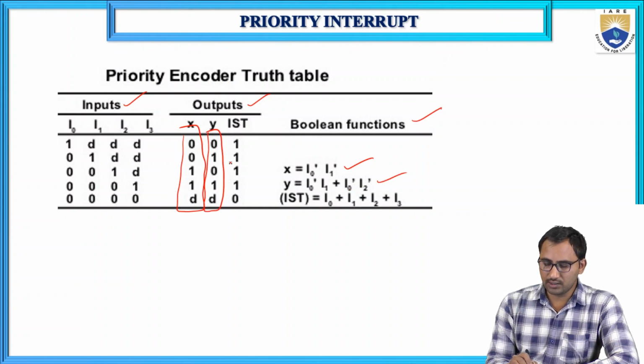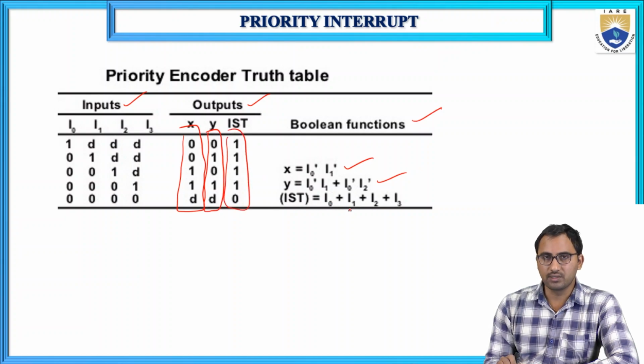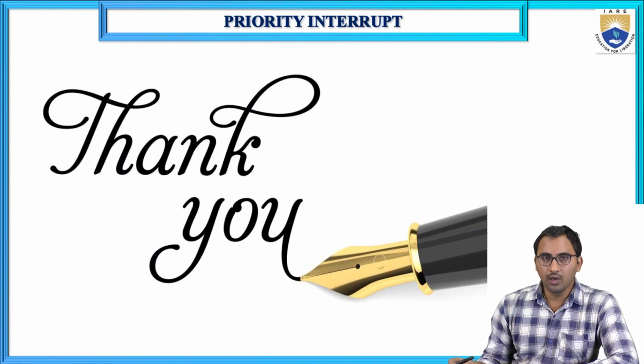Similarly, IST is equal to I0 plus I1 plus I2 plus I3. So in this lecture, we have discussed what is an interrupt, the different priority interrupt sources, and the different methods for generating the priority interrupt.